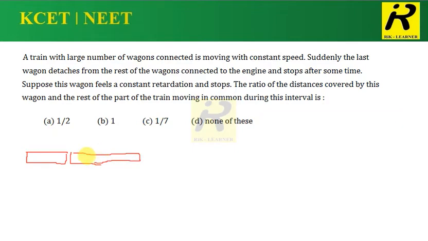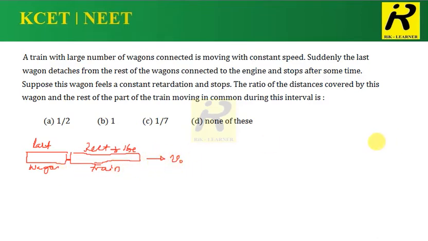This is the rest of the train, and this is the last wagon. The connected train is moving in this direction with some velocity, say v0.